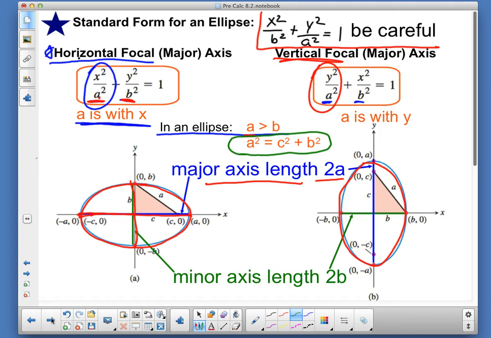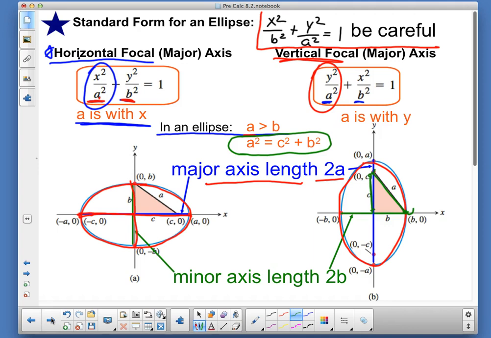So now, if I take my minor axis endpoint and I have my hypotenuse being A, my major axis length, I can find my foci length, C, the length from the center to my focus of my ellipse using this relationship. So once you have two of those values, you can find the third.